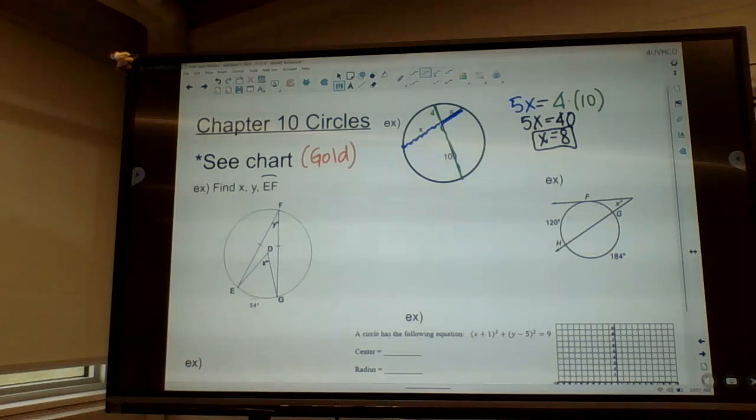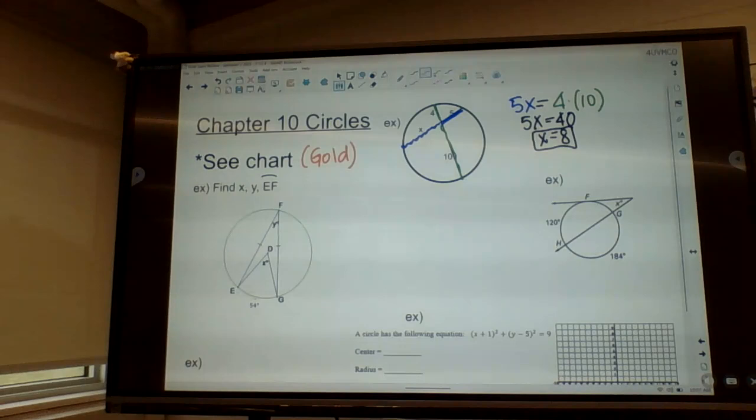Our next drawing here has an angle outside the circle. And since this is outside the circle, this angle has a relationship with the 2 arcs that it cuts into. So this arc and also this little one here.